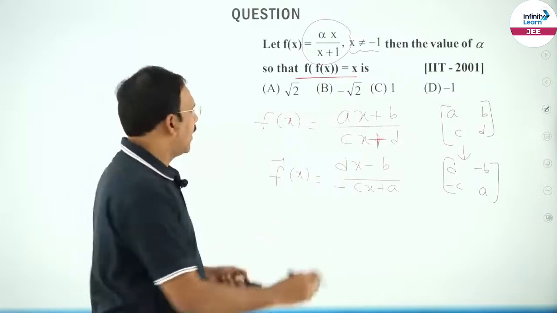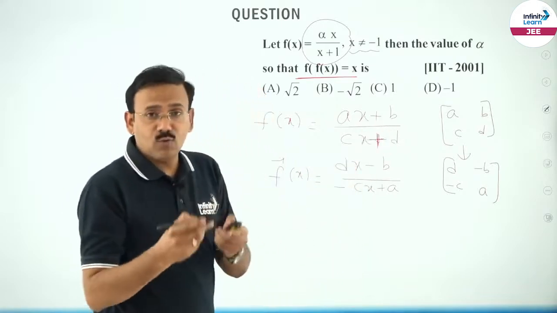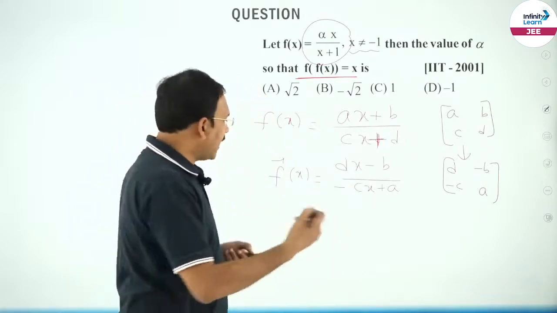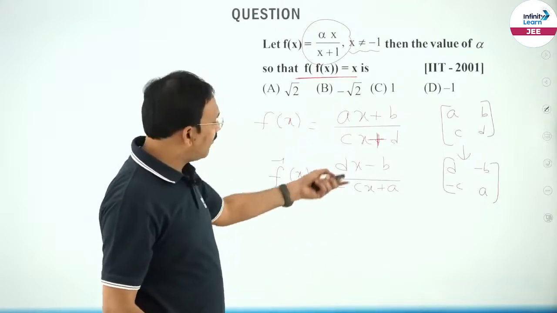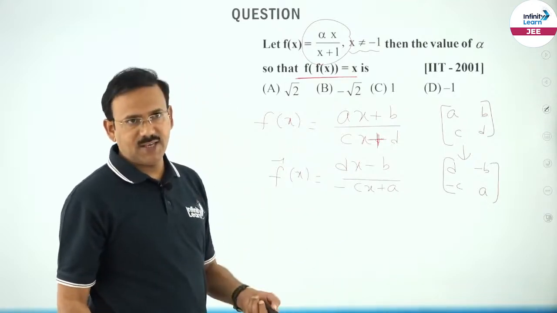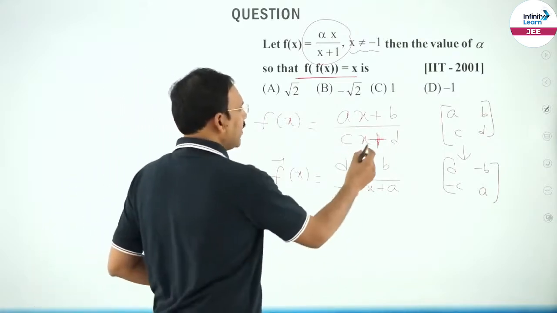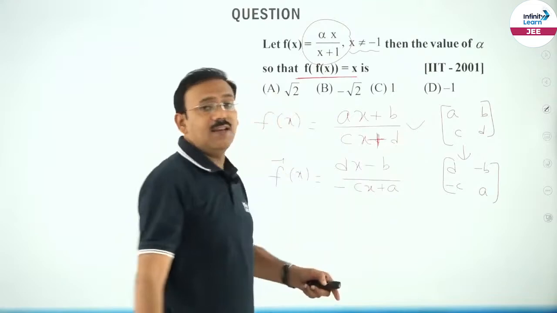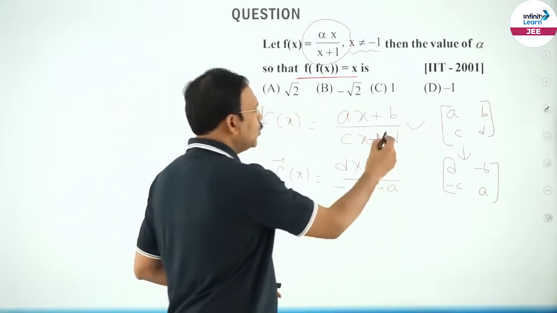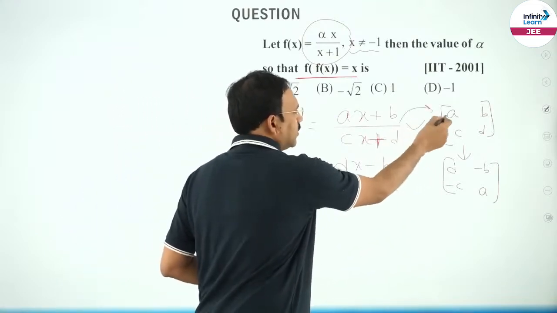So this is simple, or else you take it equal to y, simplify, and x is equal to (dy minus b) by (minus cy plus a). Without doing all these things, my dear friends, if f of x is linear by linear, you just copy like this, a mnemonic to write it.